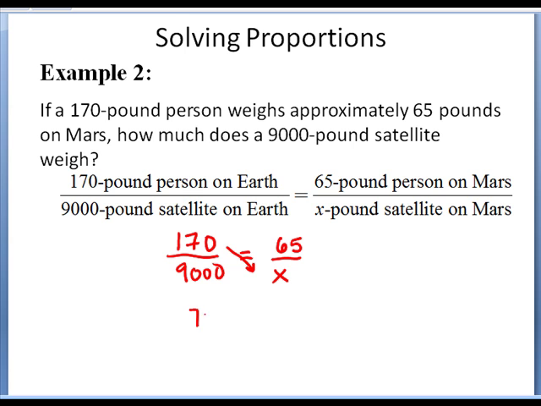So I have 170 times x equal to 9,000 times 85, which is equal to 765,000.